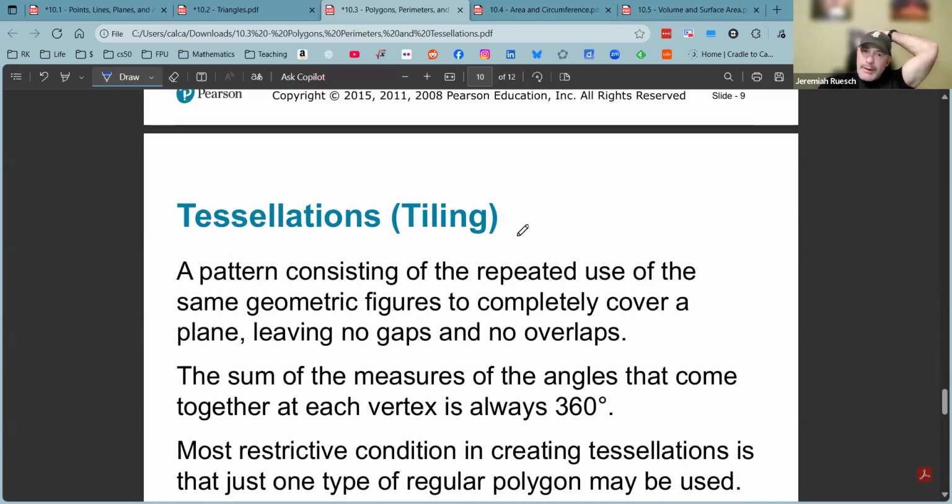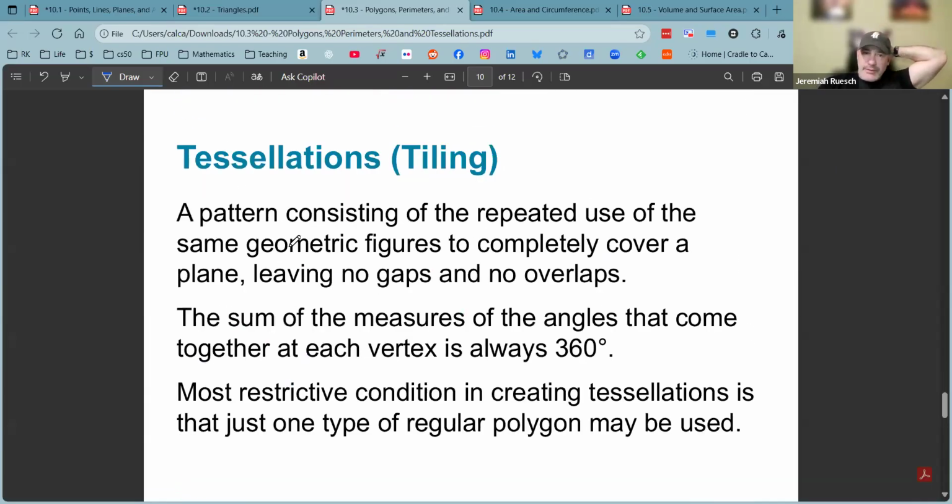All right. Tilings and tessellations. A tessellation is a pattern consisting of the repeated use of the same geometric figures to completely cover a plane, leaving no gaps and no overlaps. The sum of the measures of the angles that come together at each vertex is always 360 degrees.